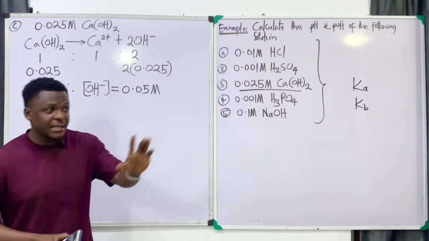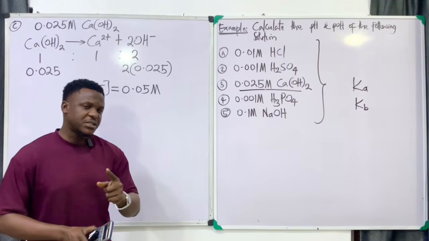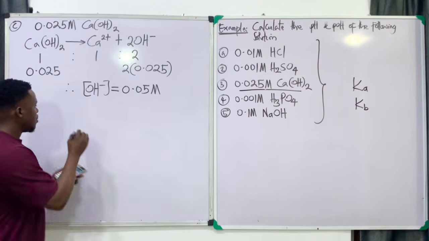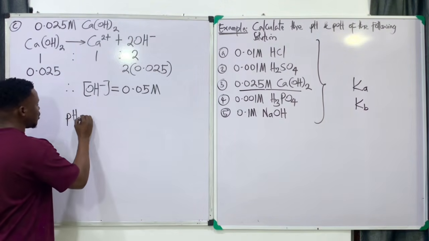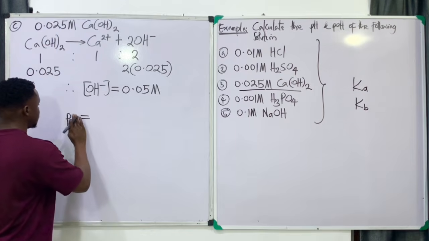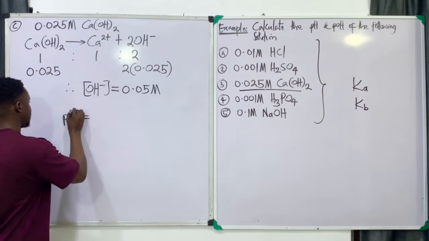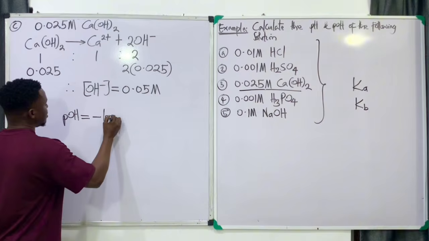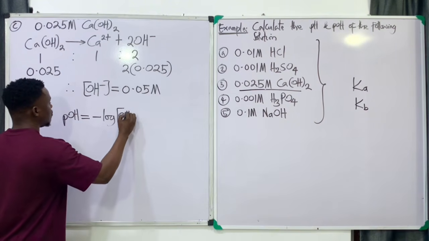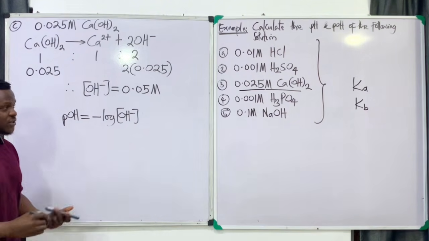Now, since we have gotten the concentration of OH minus, what exactly are we going to solve for first? Is it the pH or the pOH? Obviously, it's going to be the pOH, because the pOH formula has OH minus. pOH is negative log of OH minus.